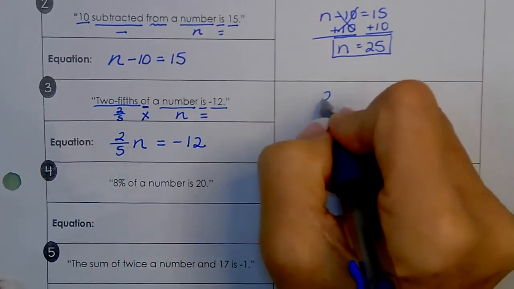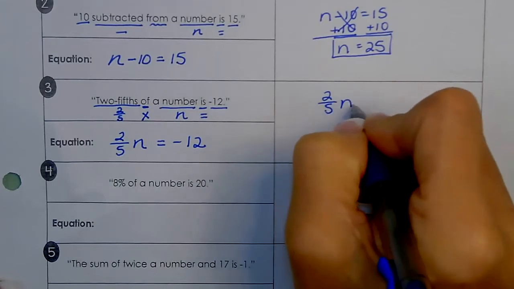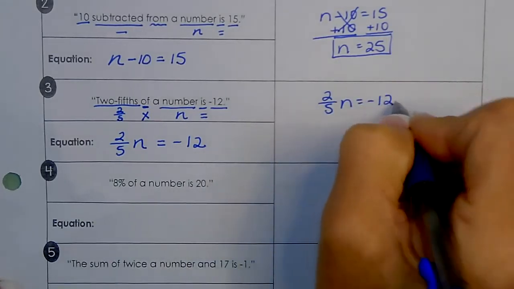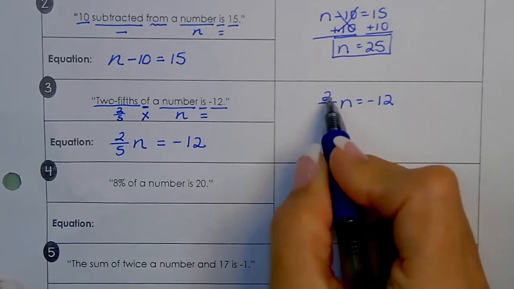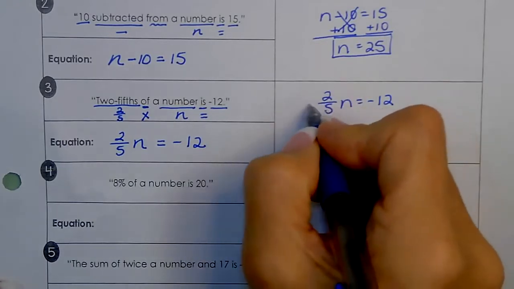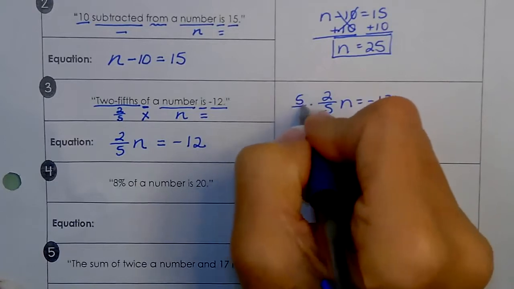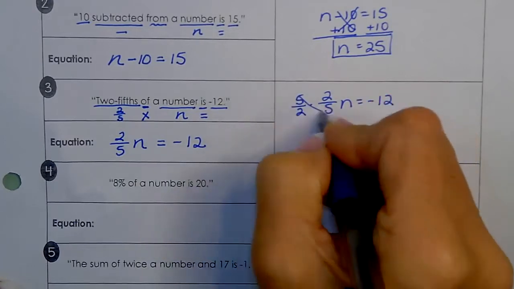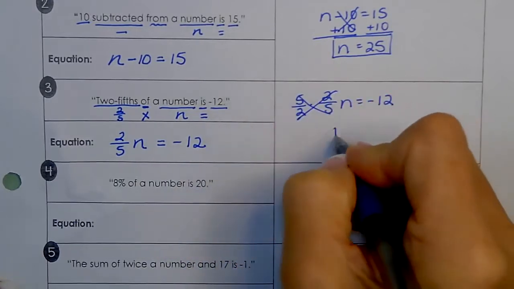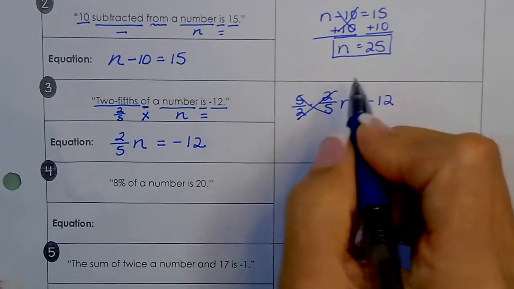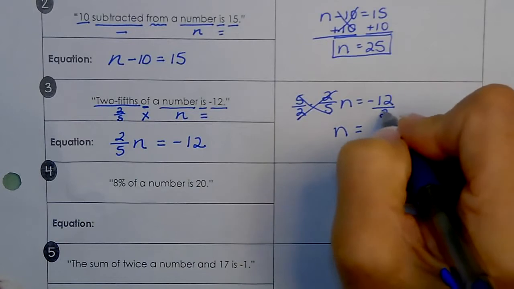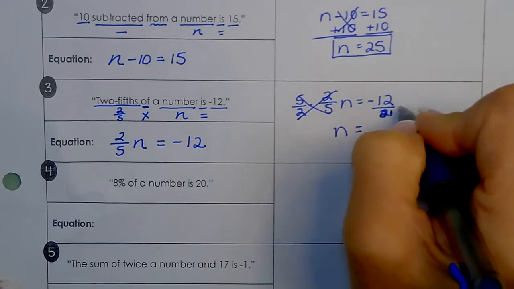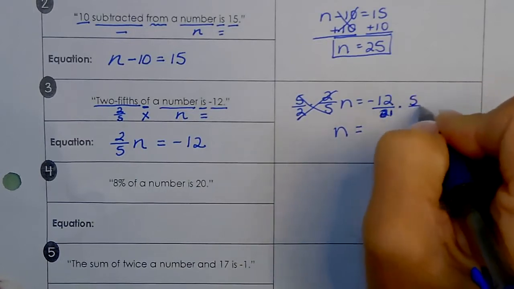Okay, let's solve. 2/5 n equals -12. To undo 2/5, I'm going to multiply by the reciprocal, and that will leave me with n. I multiply this side by 5/2. I need to multiply this side by 5/2.